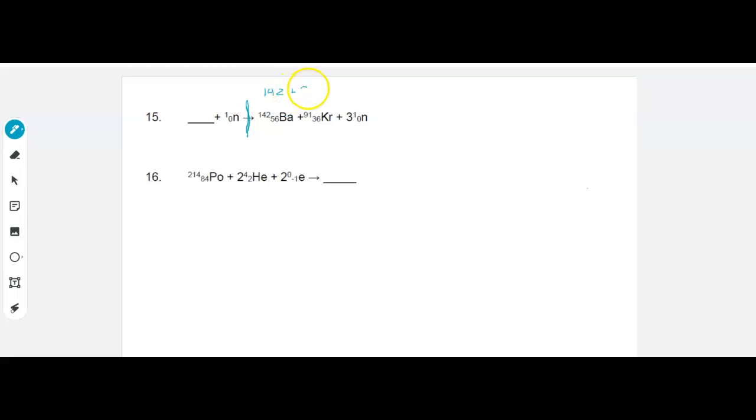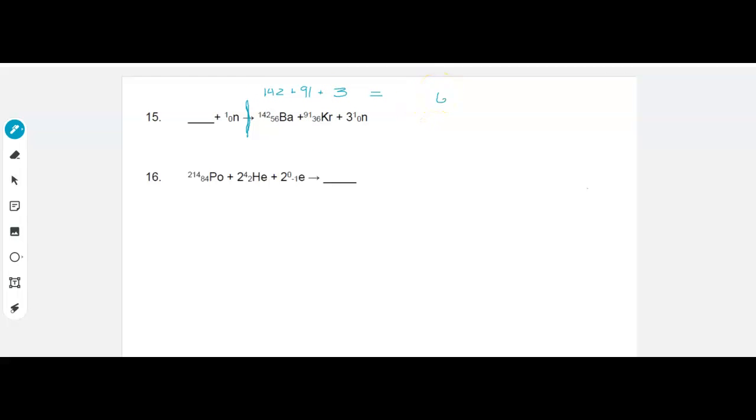I've got 91. And here is my old friend, the coefficient. So I've got 3 of these neutrons. Well, 3 of them that weigh 1 AMU apiece gives me a total of 3. So when I take my mass, I've got 142 plus 91 plus 3.